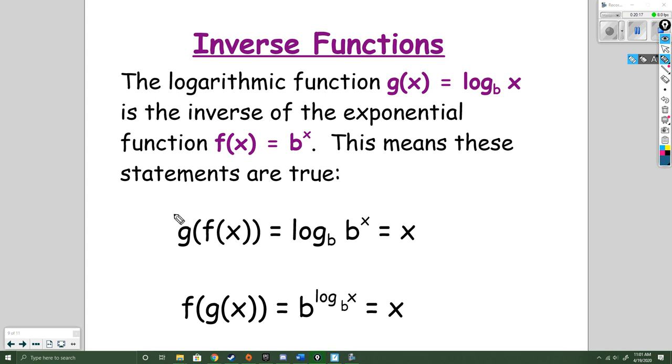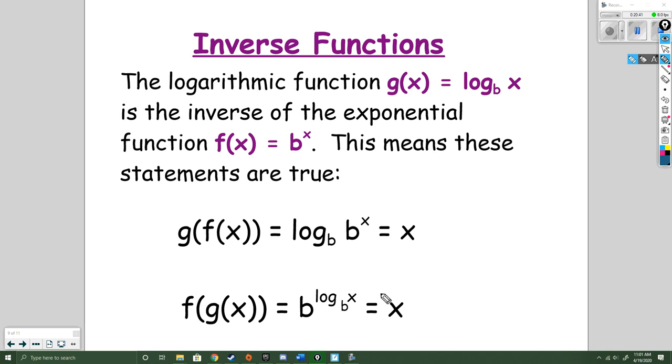It means that g of f of x would yield x, and f of g of x would yield x. So in other words, if we put f of x into g, we would return the input value. If we put g of x into f, once again, we would return the input value.